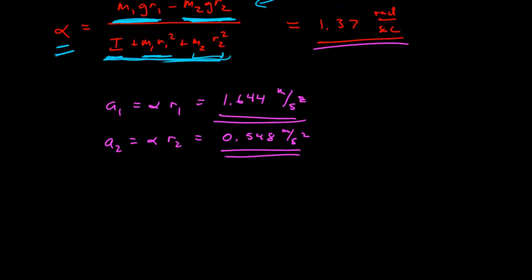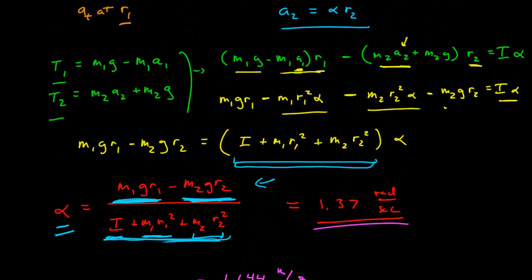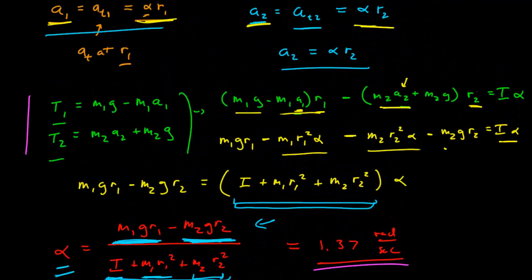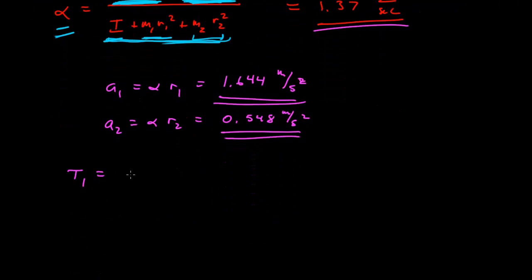Then I can find the tensions in each one if I want, given these expressions here. And if I just plug in those numbers now, I get tension 1 of 294 newtons and tension 2 of 746 newtons.